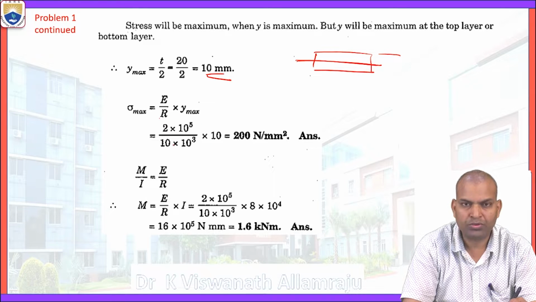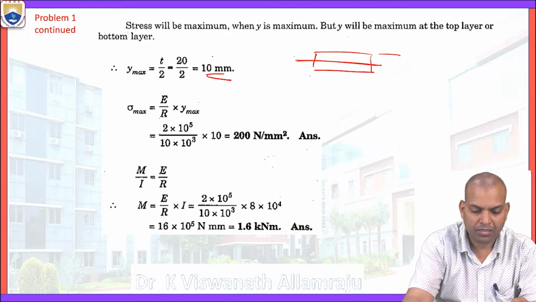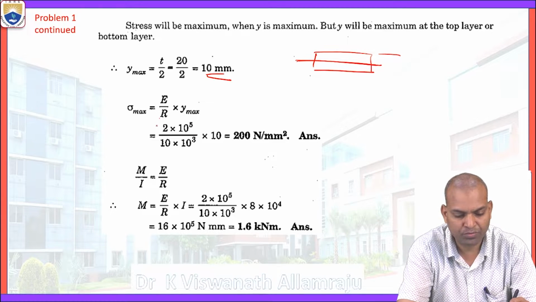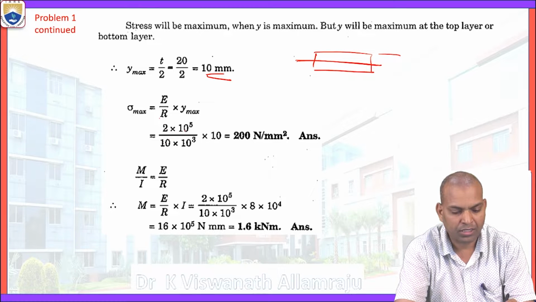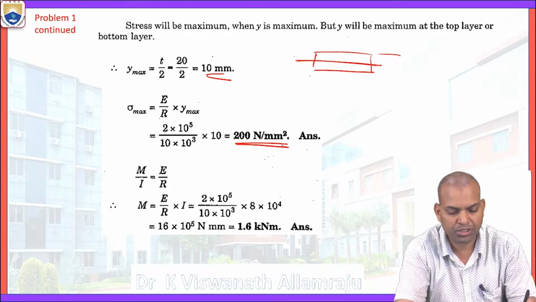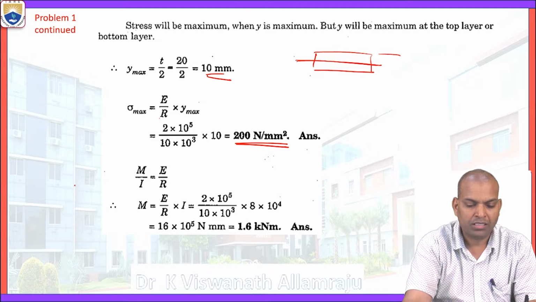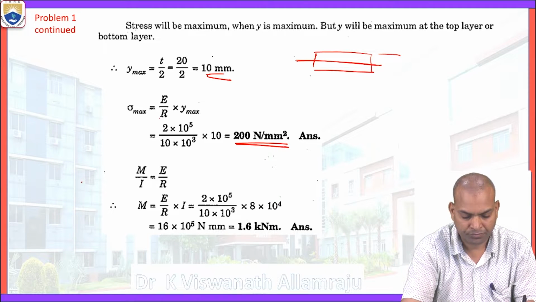All are homogeneous: E is in Newton per square millimeter, R is in millimeters, and y maximum is also in millimeters. Then the 2 into 10 power 5 gets cancelled with 10 power 4, and sigma maximum equals 200 Newton per square millimeter.